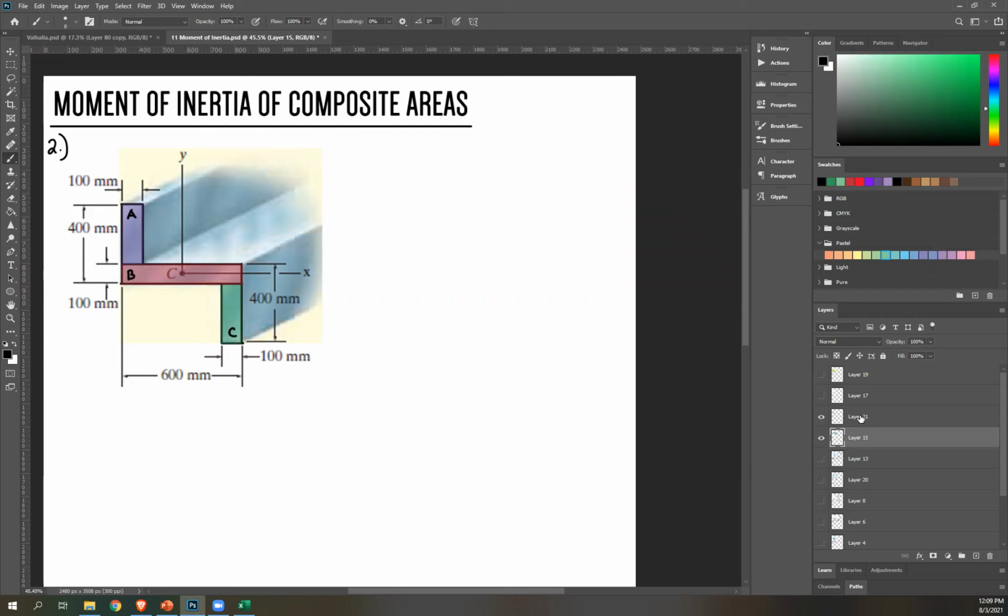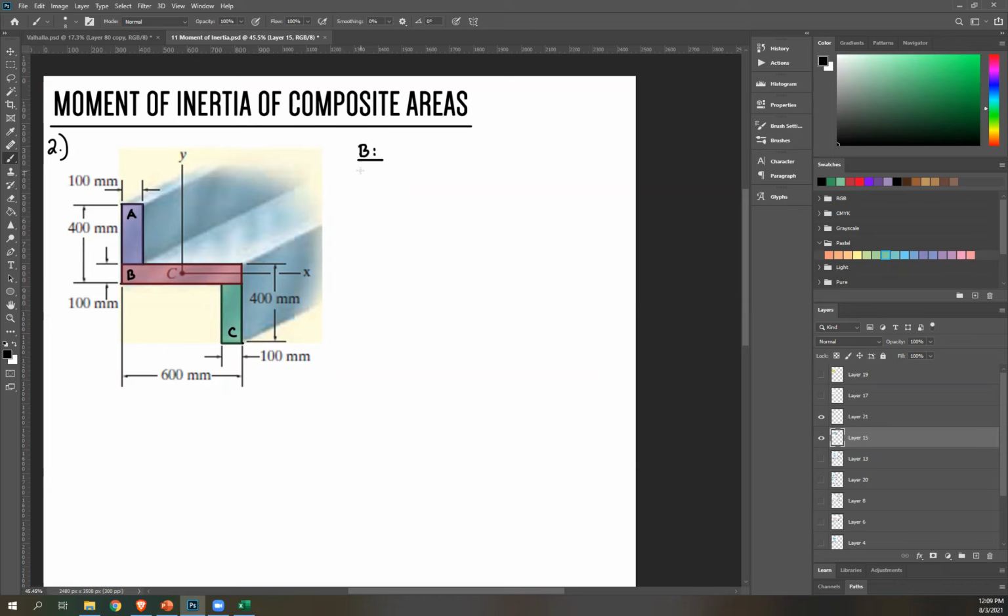So this is our centroidal axis, right? So you gotta take a moment about that point. If you've noticed, the centroidal axis is directly at or acting on the centroid of block B. So it's easier to take the moment of inertia for that because we don't need to do parallel axis theorem. So let's start with block B and then solve for the x and y moment of inertia respectively.